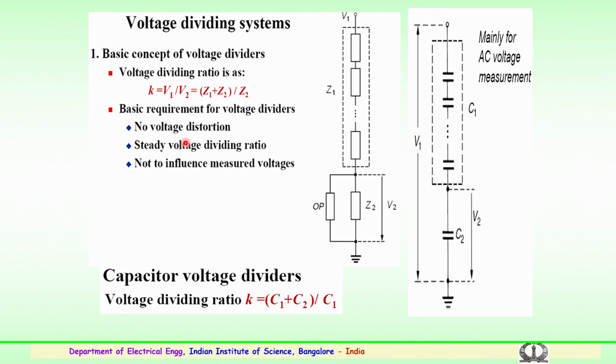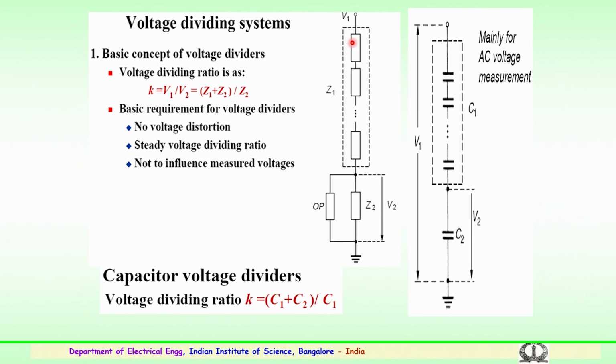So, the basic requirement for voltage dividers is that no voltage distortion should be there during the measurement, there should be a steady voltage dividing ratio, and this should not influence the measured voltages. Similarly, resistance voltage dividers you have seen here, and capacitive voltage dividers are also used mainly for the AC measurement.